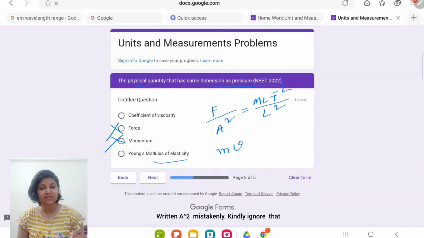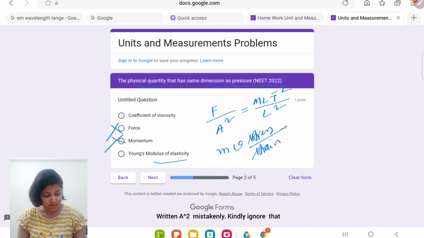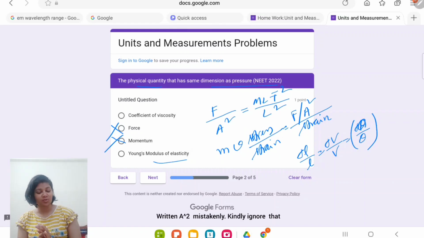Young's modulus of elasticity is stress by strain. Stress is force per unit area. Strain is the amount of deformation, be that in length, in area, or in volume, a deformation in the body.